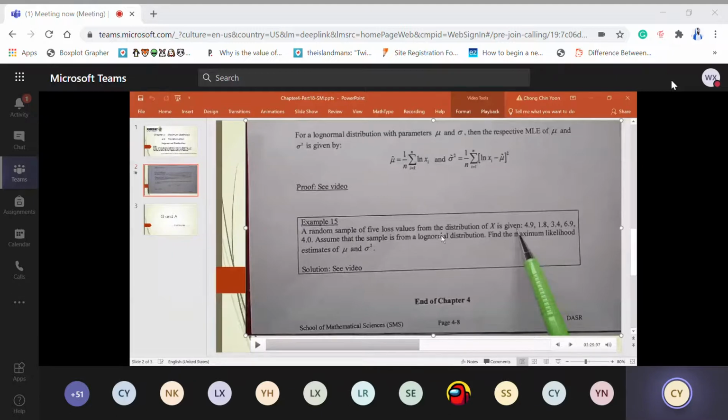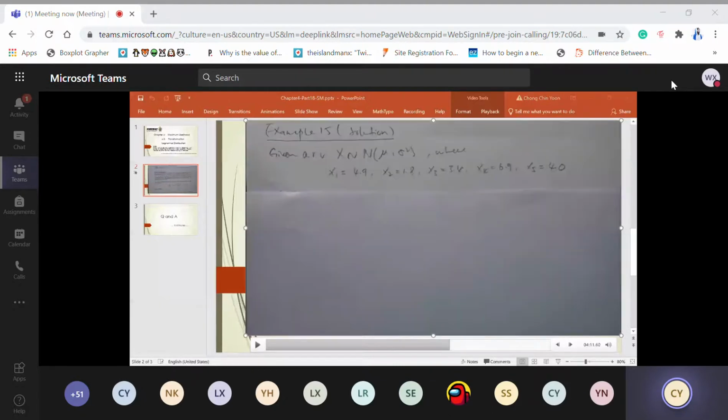The sample is given by this. Assume that this sample is log normal distributed. I want to find the mu and sigma square. So our X actually is log normal. I think I overlooked it already. I hope my solution is correct. Hold on, let me check.